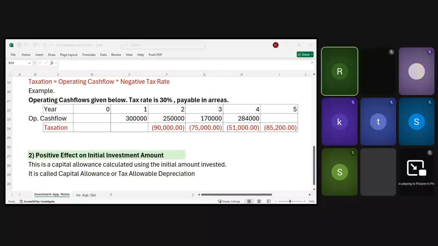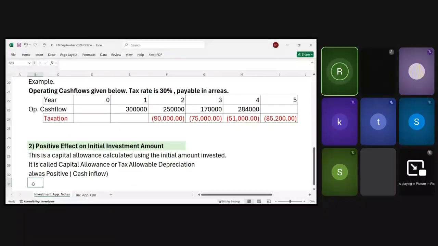So how do we calculate it? Since this is a benefit to us, we always treat it as positive. We treat it as a cash inflow. A positive cash flow is a cash inflow.